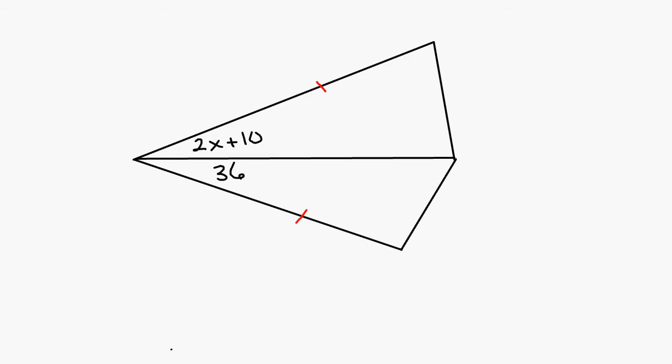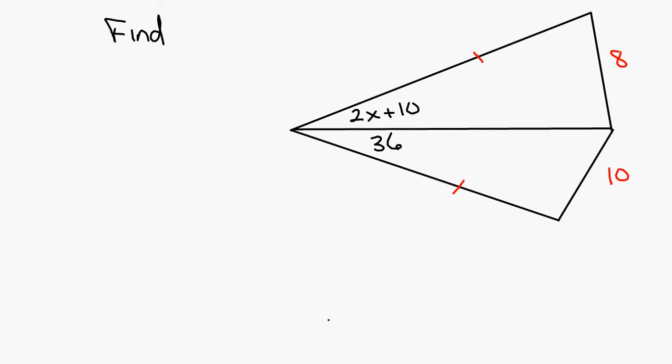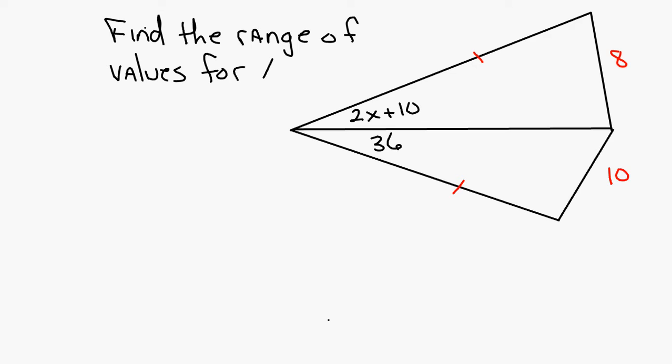These sides are congruent. This side is 10 and this side is 8. Now the question changes a little bit. Find the range of values for x.